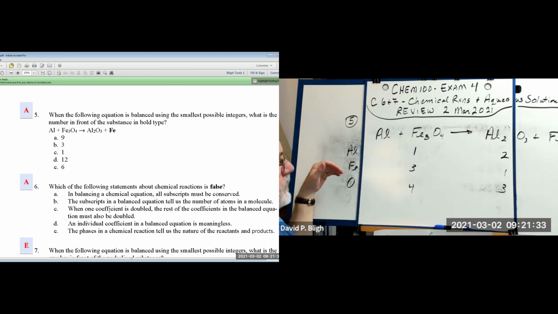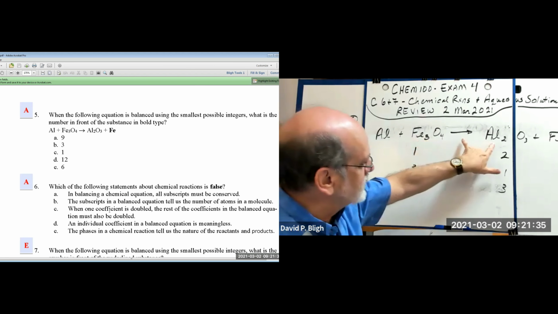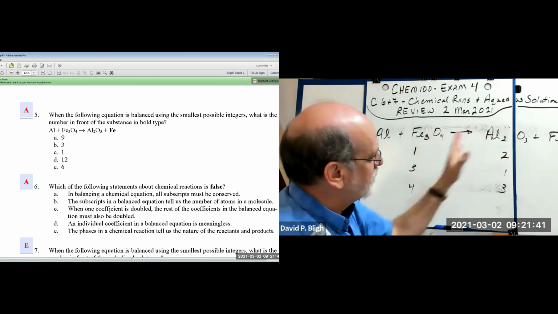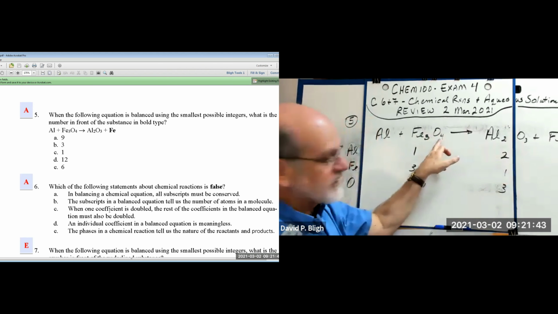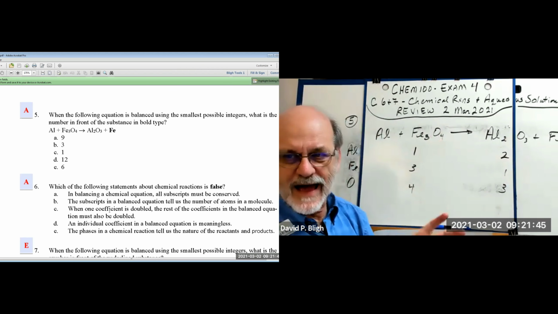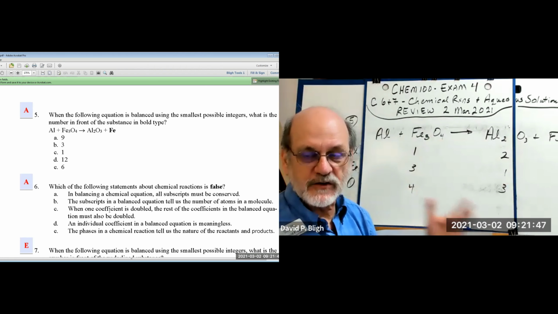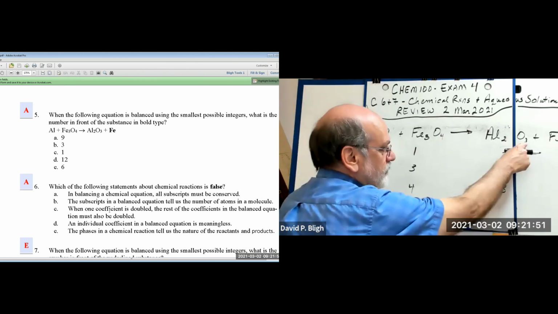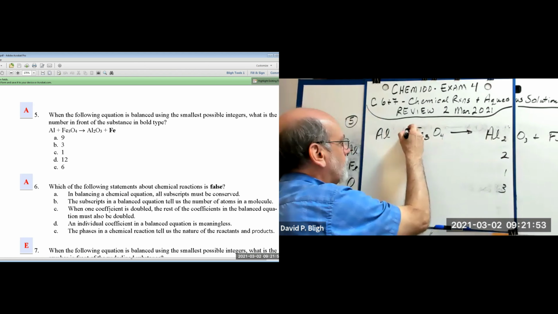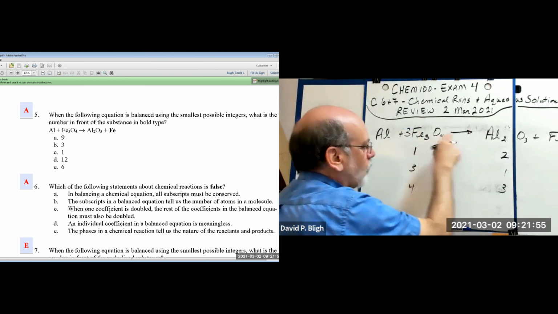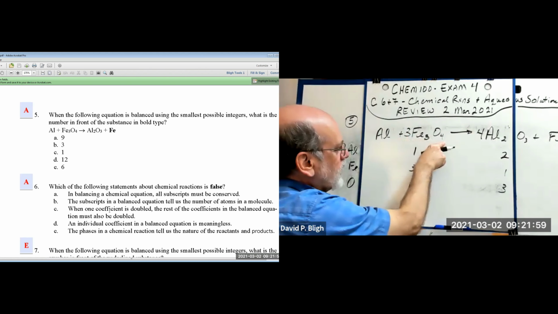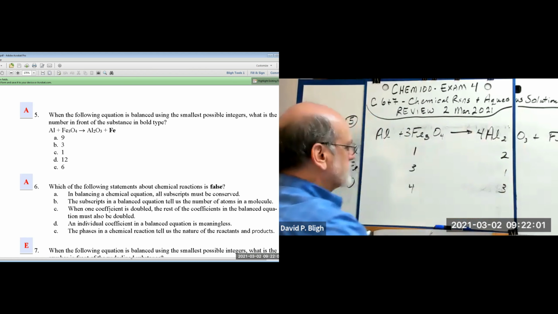We want to hold those to the end and see if we can do any balancing with the compounds. Notice with the oxygens, 1 in each compound, this is an odd and that's an even. So when that happens, sometimes the best trick to use is cross multiply. Say, take that 3 and put it over here. And take that 4 and put it over here. So that will give you 12 oxygens here and 12 oxygens there.